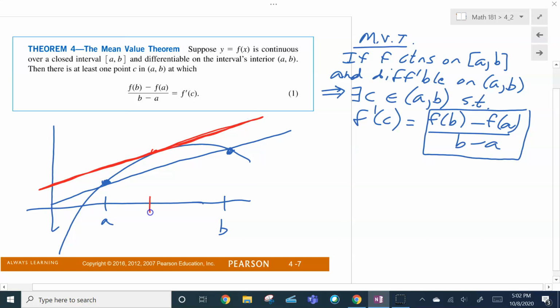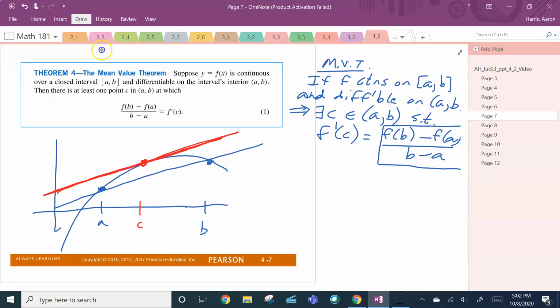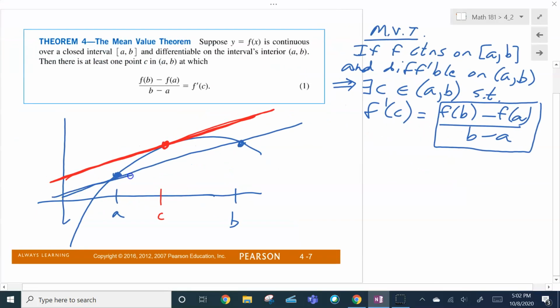So there it is. That's where that c is. Slope of the tangent is equal to the slope of the secant, f of b minus f of a over b minus a. You see how those are parallel? Same slopes. Okay? So let's do an example with that.